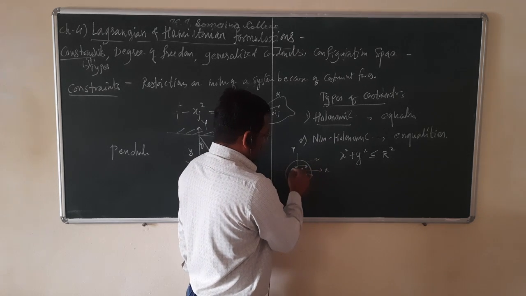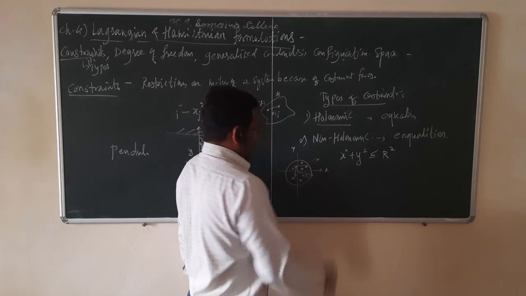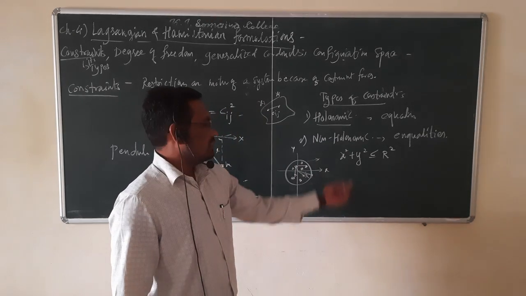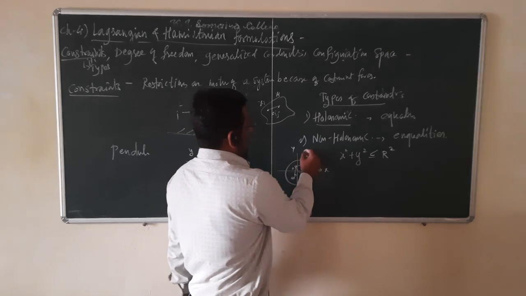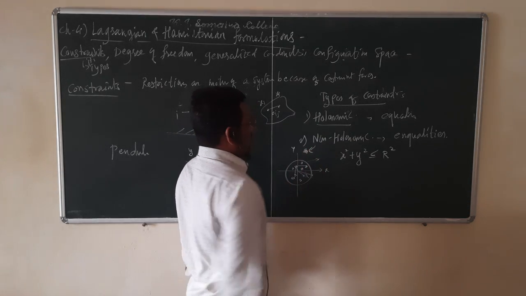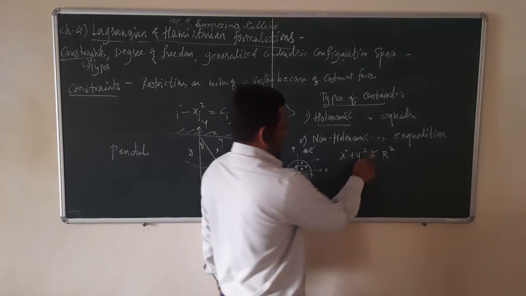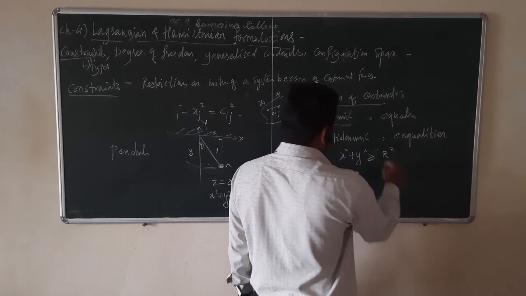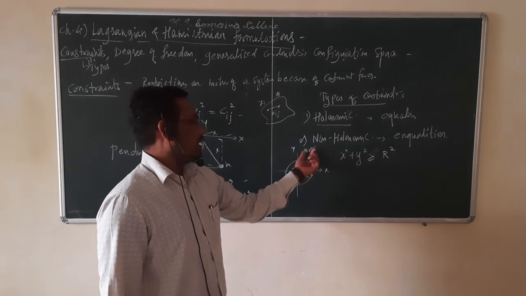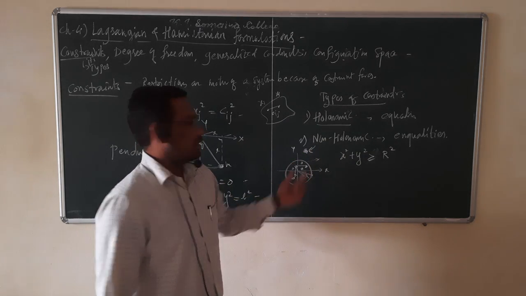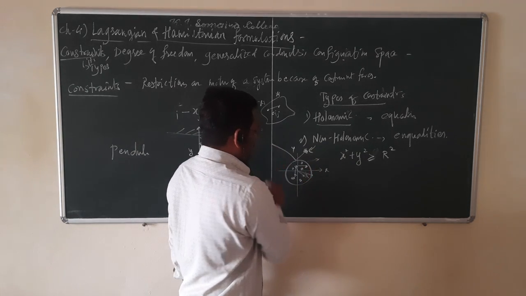So this is the type of constraints. Or if the particle is outside the circle, then the constraint equation is greater than or equal to r square, with the condition that the particle cannot come inside the circle. So it can come like this and go like this.